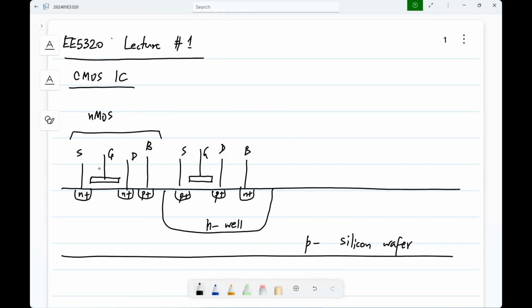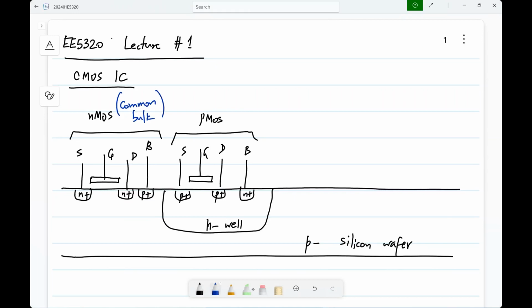So this is NMOS, that is PMOS. And you can create any number of these things, but the main thing is with NMOS, you will have a common bulk.